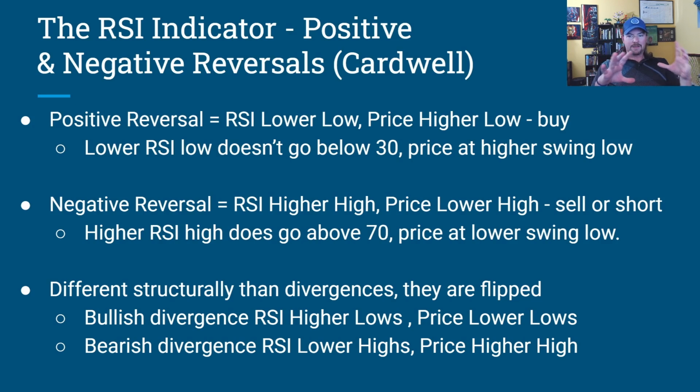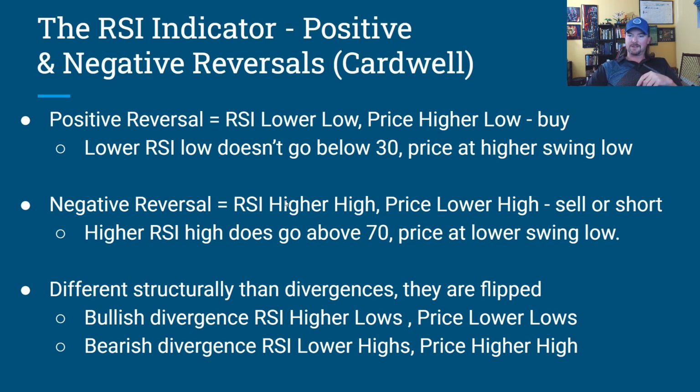So how I like to differentiate them is that with a positive and negative reversal, you are basing it more off price. You're trusting price, and the RSI is giving you the divergent signal, right?